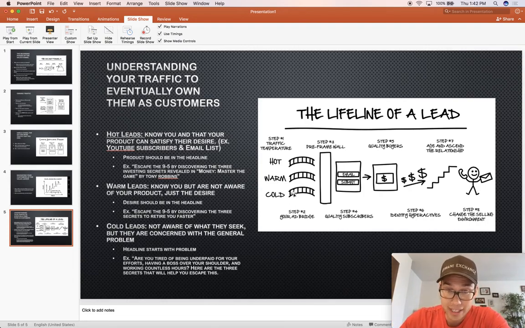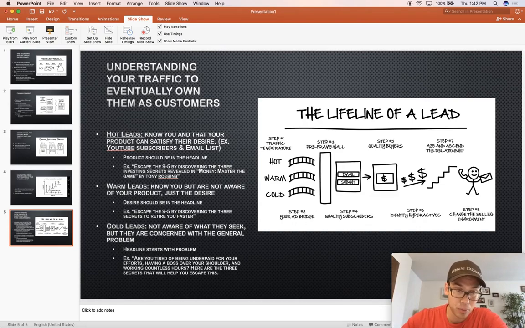Obviously, once we get the lead over the bridge, we have what's called a pre-frame. A pre-frame is setting them up for your opt-in. Because if your cold lead doesn't even know what affiliate marketing is, we have to help them understand. If they don't know what investing is, right?